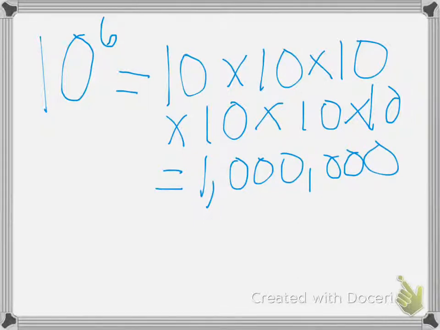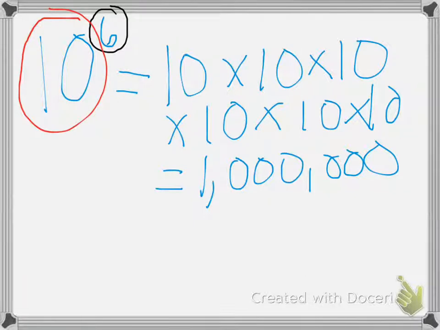This small number, I'm going to circle it, is called an exponent. And this number before the exponent is called the base.